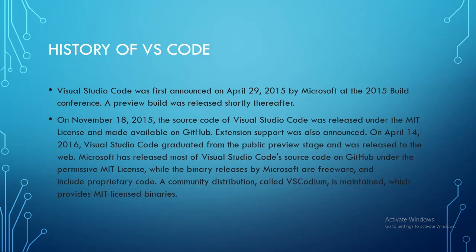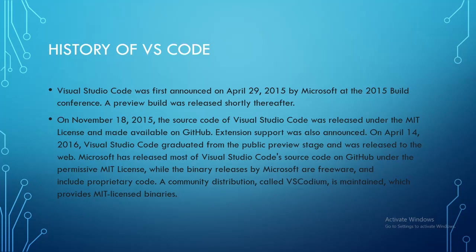On November 18, 2015, the source code of Visual Studio Code was released under the MIT license and made available on GitHub. Extensions support was also announced.